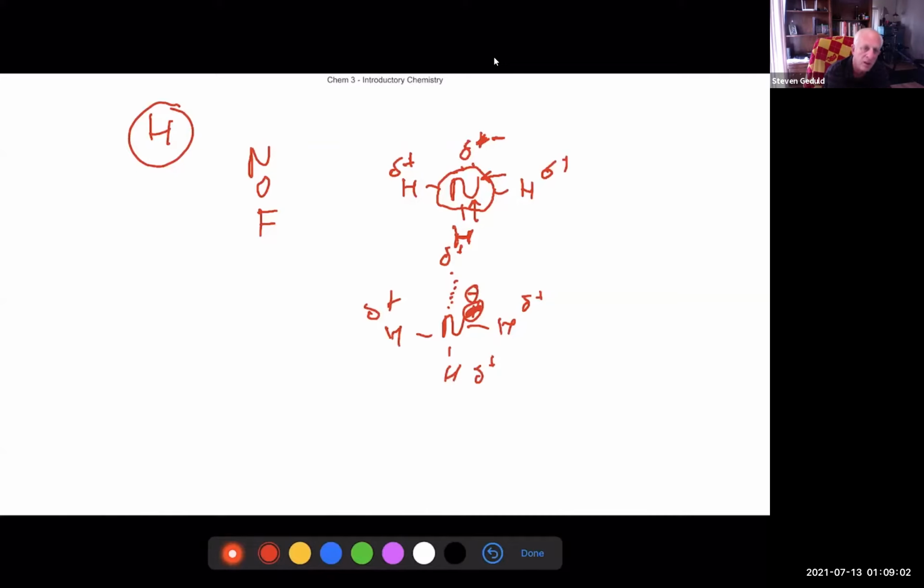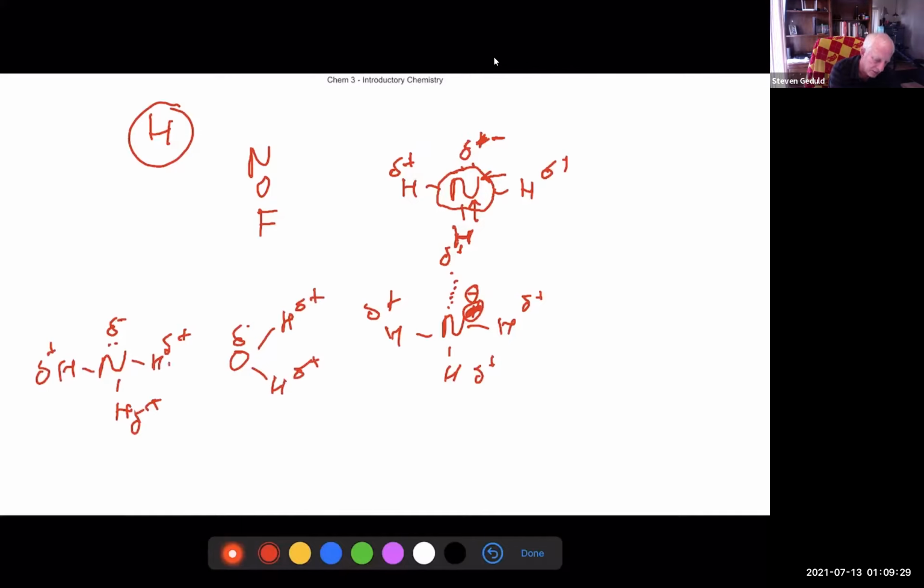So that's why ammonia will dissolve in water, like Windex. Okay, is ammonia in water because ammonia, like I said, delta minus, hydrogen, hydrogen, hydrogen, delta plus. Now water molecule is going to be delta minus and delta plus on the oxygen.